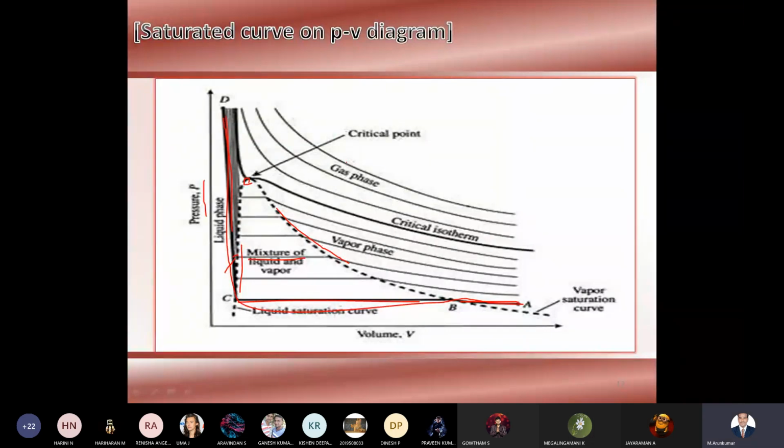So this is your isotherm, this is your isotherm. Then we can have the temperature ranges here, so this line will be some temperature, then this line will be some temperature. So actually we can take only the PV diagram of this, and also if you want we can take the isotherm also, that is temperature.